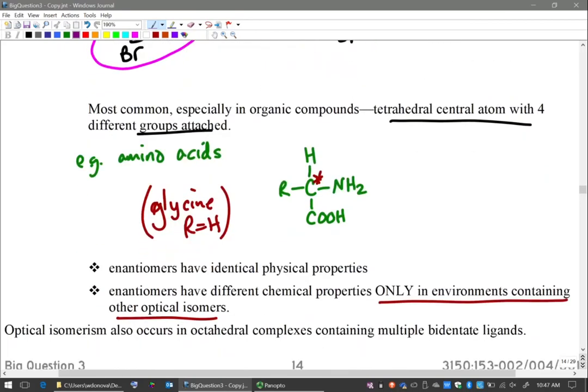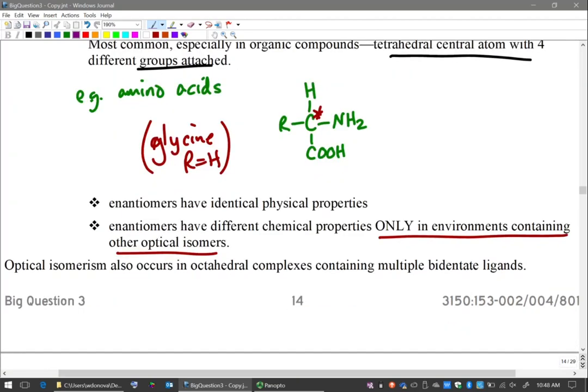Like we mentioned, amino acids, 19 out of 20 amino acids found in proteins have the possibility of enantiomers. Glycine is the only one that doesn't have enantiomers because it has 2 identical attachments to the carbon there. It's 2 hydrogens. But otherwise, the other 19 amino acids that you find in proteins could exist as one or the other of a pair of isomers, and that's where the chemical properties are different.